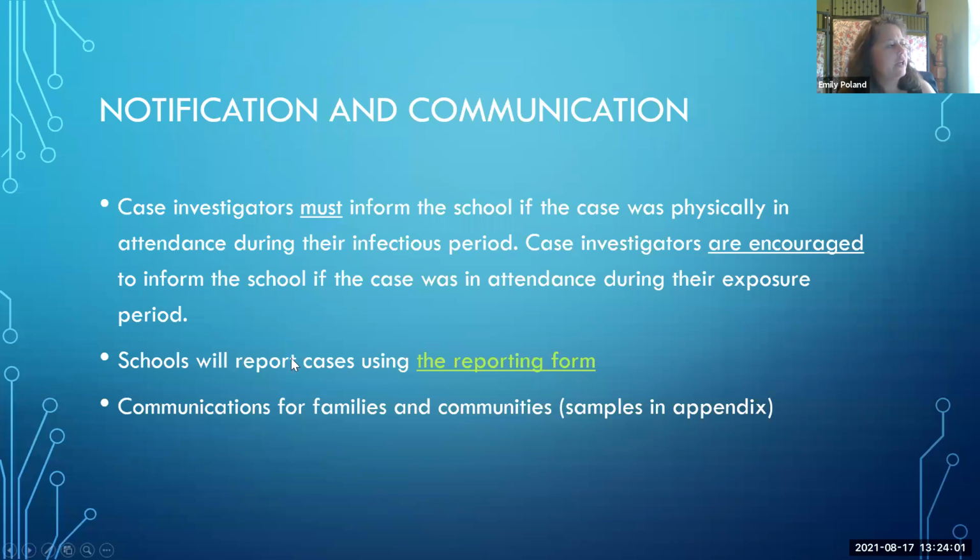Remember that schools will report cases using the reporting form, and I've linked that here for your information. It is also always in my email signature. If you look at the last email you got from me, there is a positive case reporting link in my signature. There are sample communications for families and communities in the appendix.